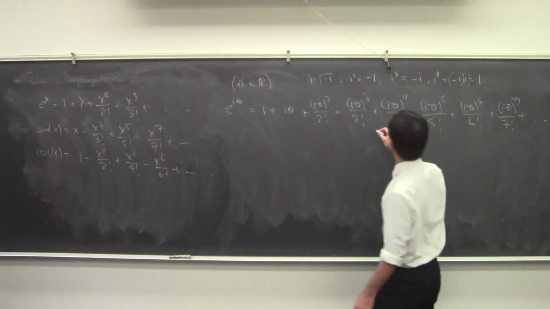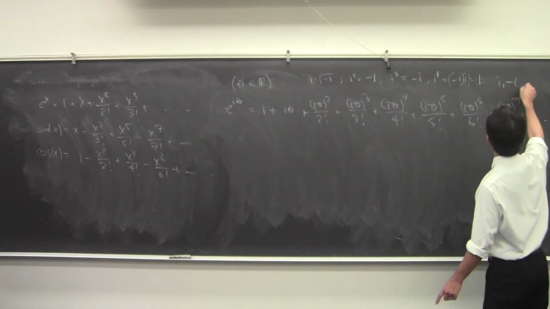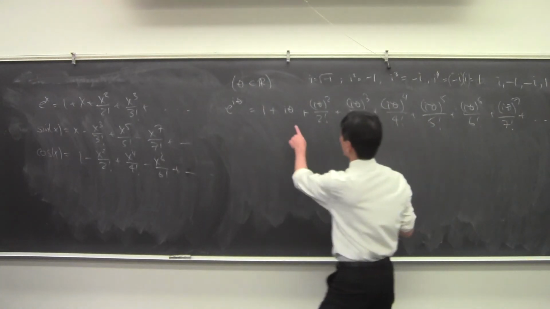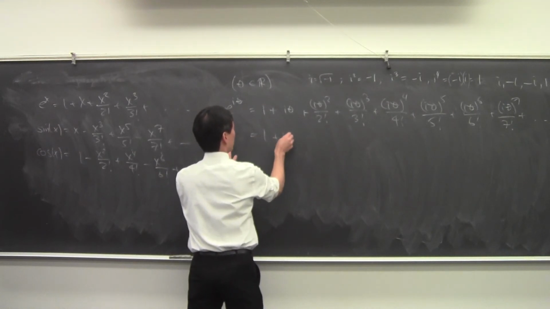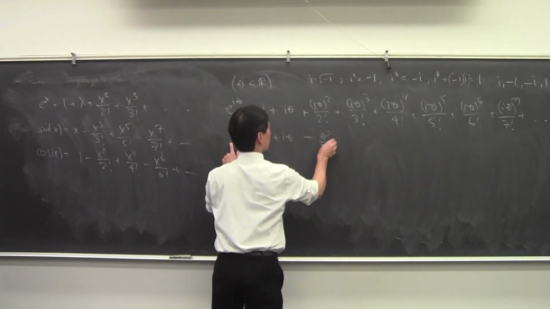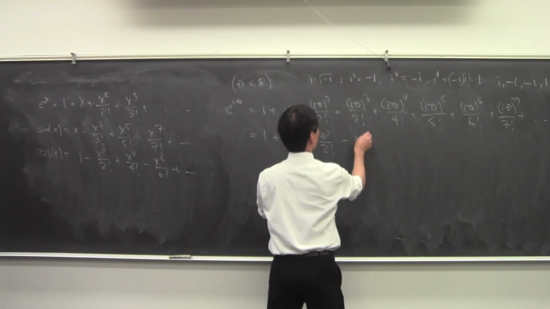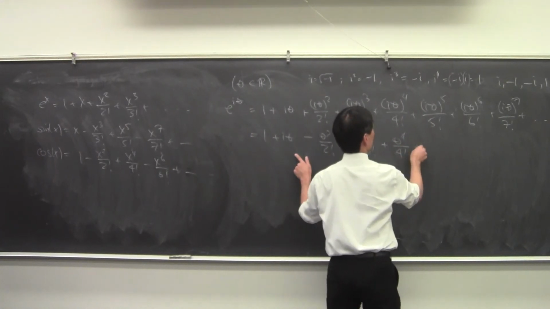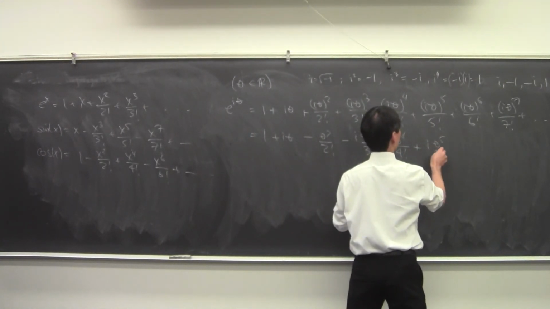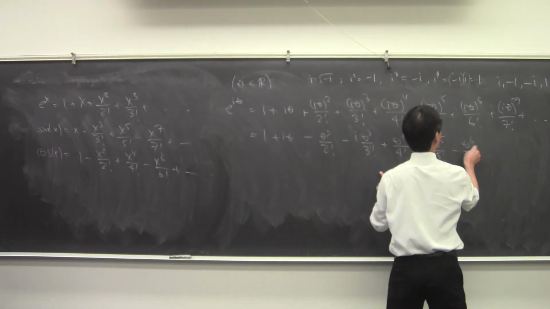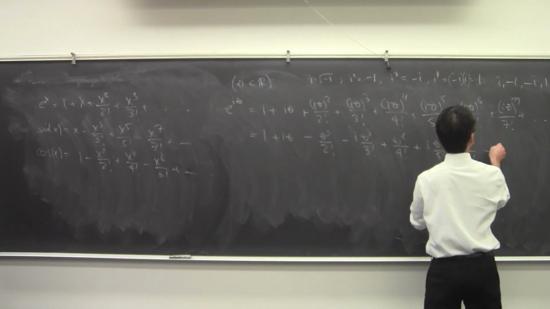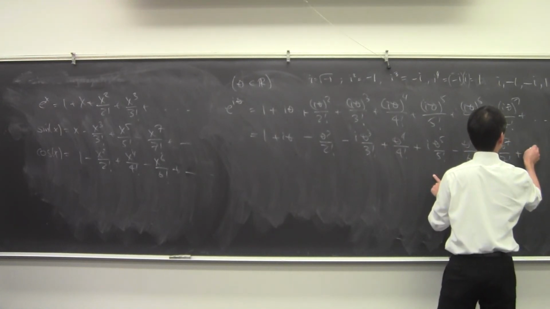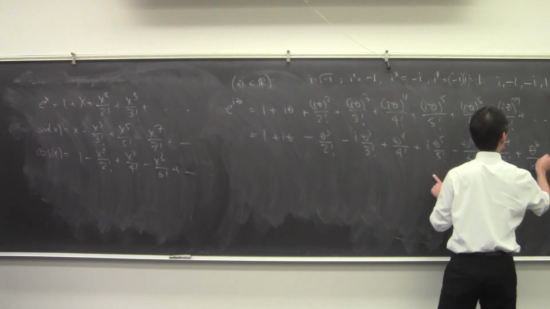So the pattern is i, negative 1, negative i, 1, and then i, negative 1, negative i, and 1 again, et cetera.